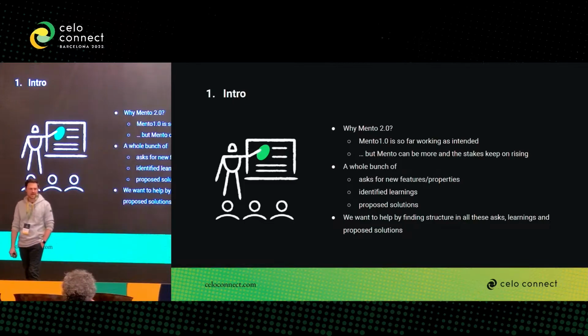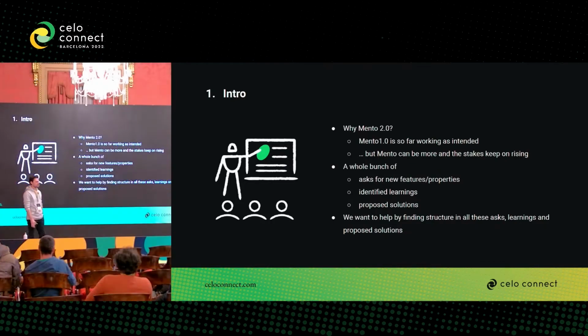Nothing bad happening for the last few years since launch. But we realized that Mento can be more than what it is right now. With every partnership that Celo is making and every person entering the ecosystem, the stakes just keep on rising. So of course, what was good enough at some point might not be good enough anymore in the not too distant future.